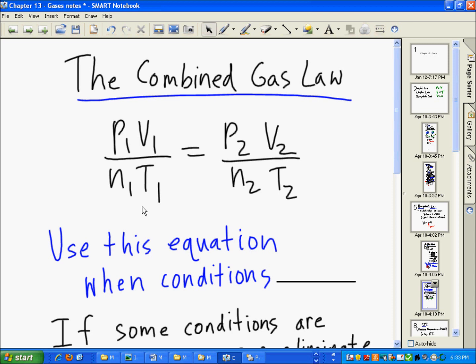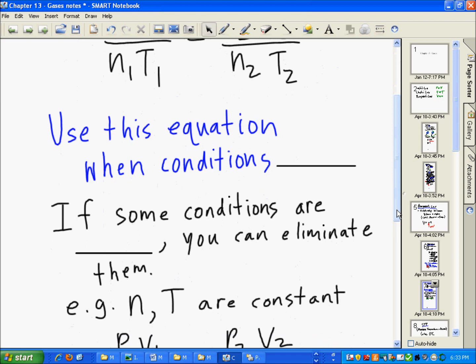It's P1V1 over n1T1 equals P2V2 over n2T2. So you use this equation when conditions change. And again, when you use this equation and you're using temperature, temperature should be in kelvins.